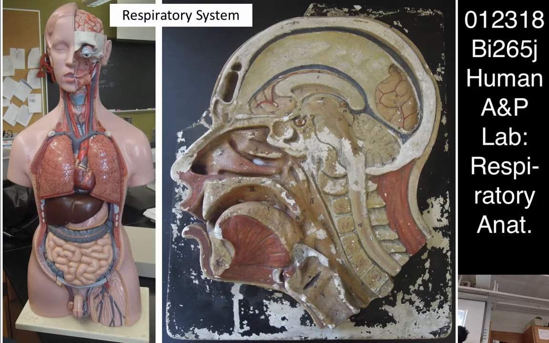And then at the back, you can see here, there's this opening between the middle and inferior nasal concha. This aperture right here is called the internal nares, the same spelling as with the external. The external is the entryway from the outside, and this is the entryway from the inside.